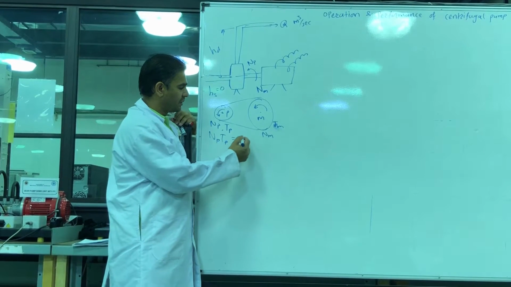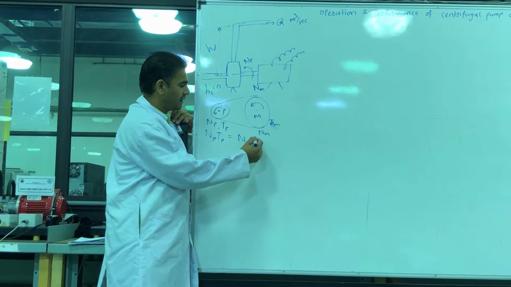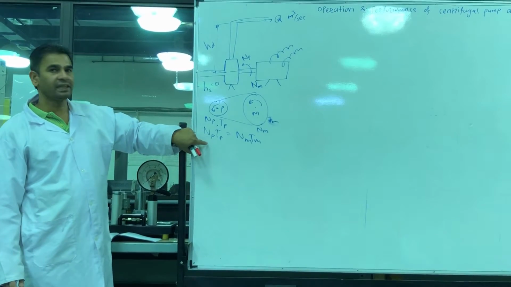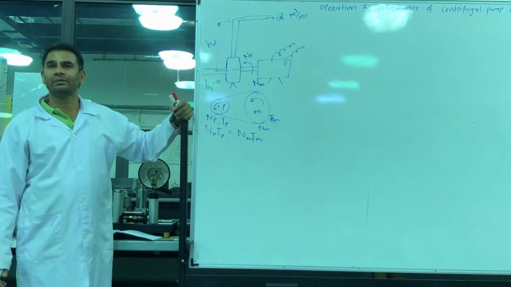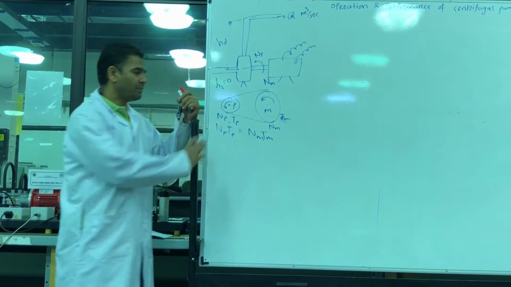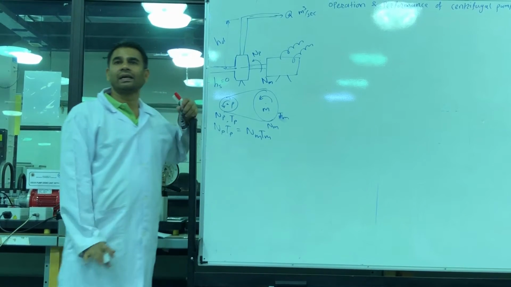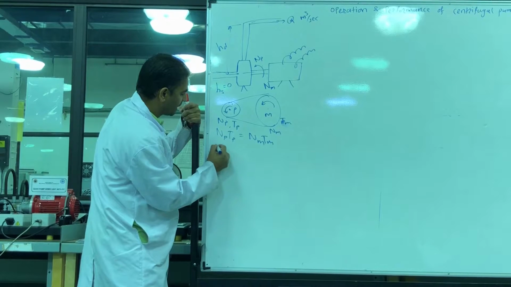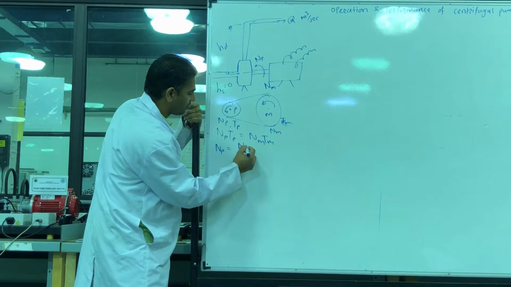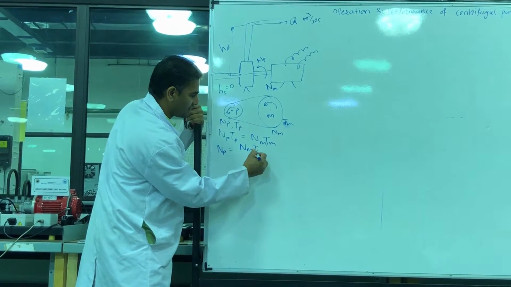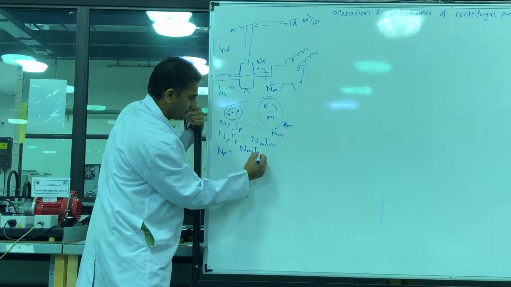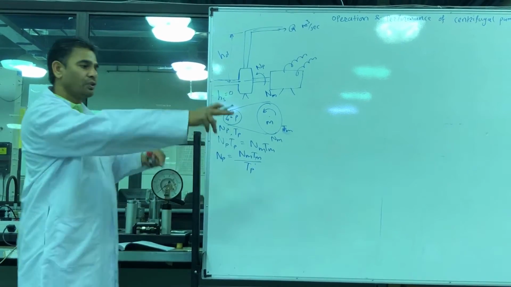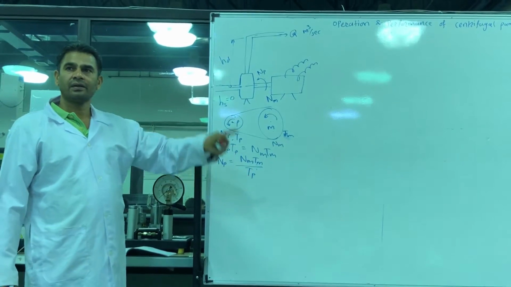NP TP is equal to NM TM. You know this relation. Sometimes you can replace this in terms of diameter, if you know the diameter. So NP is equal to the number of teeth on the motor times the RPM of the motor, divided by the number of teeth on the pump.